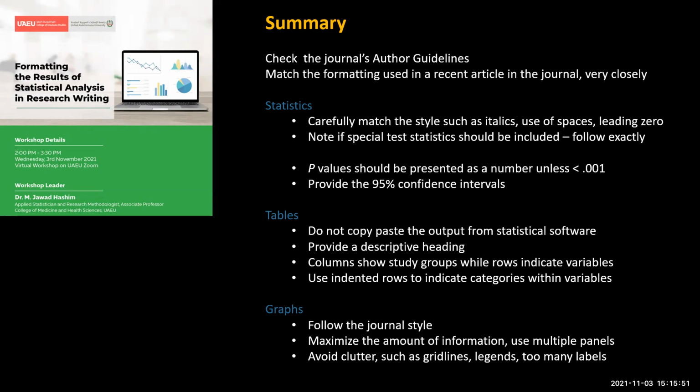Findings that are not important or not related to the main study aim, you should put in the supplementary. Got that, makes sense. Thank you very much. Again, if you have a lot of statistics, you can shorten them by putting them in a table rather than in text.